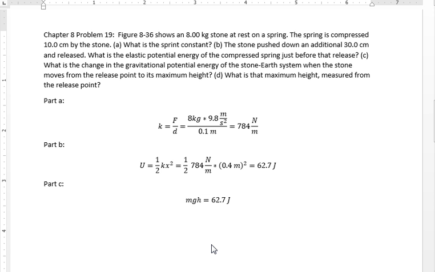Well, we know m, we know g, so the height is 62.7 joules divided by the mass, 8 kilograms times 9.8 meters per second squared.